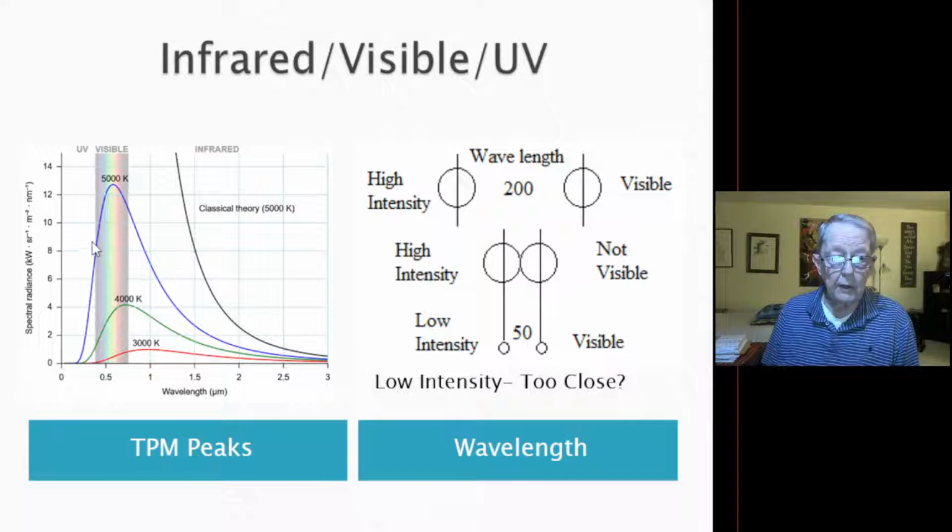But when you get to the ultraviolet, you find that the only way you can have any frequency down here is to have a low intensity with a very small wavelength. It has to be low intensity. If it's a high intensity, you can't see it. Something like this could be coming out at the ultraviolet range, but you can't see it. You can't measure it. But it could be there. What you do see and measure is low intensity. And that's why it falls off.